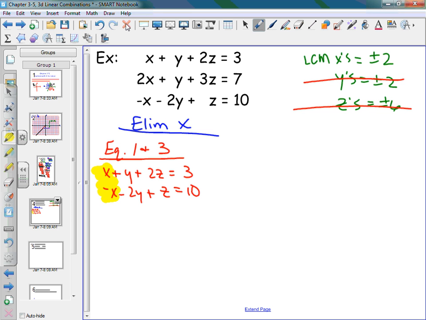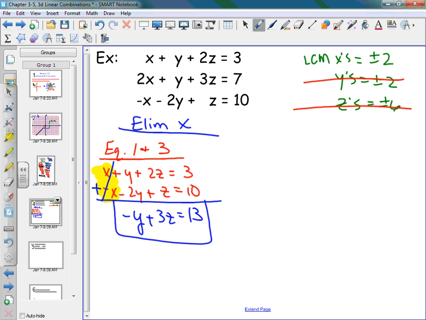No, I don't want the blanket LCM. I want as small an LCM as I possibly can get here. They're already as small as they can get, and they're already opposites. So I'm simply going to add straight down. So negative y plus 3z is equal to 13. Box it in because why? We are coming back to that. Do we all understand that so far?